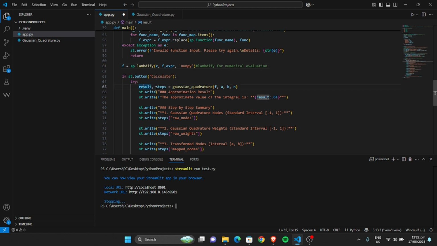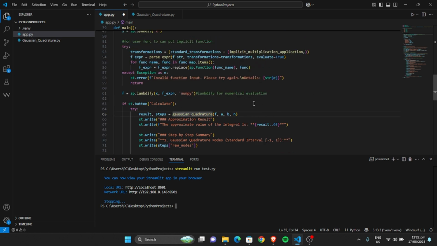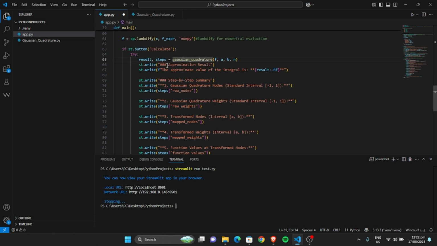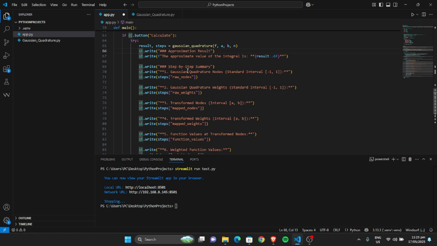So we have here the results and steps for the Gaussian quadrature. We will call the Gaussian quadrature function with f, a, b, and n, and this will display the results and also the steps taken.